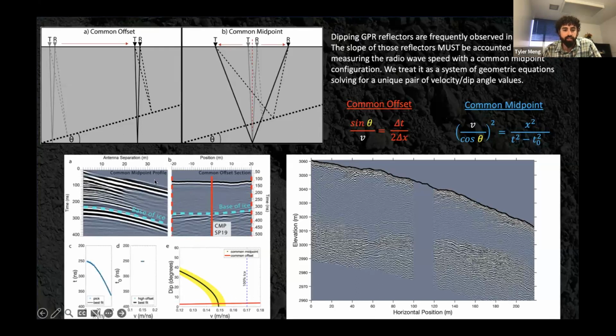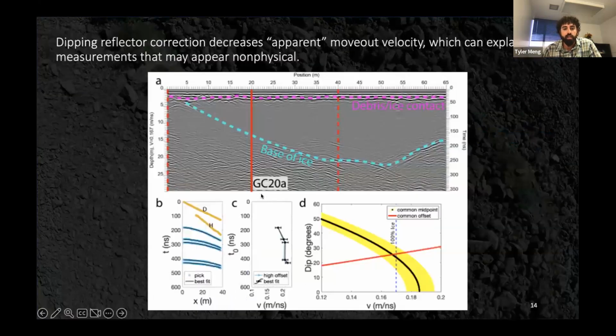So here's an example from Sourdough, where the base is relatively flat. There's only about a 3-degree dip of that reflector. And then if we move to this Galena Creek example, this shows what happens when you need to make that dipping reflector correction, because initially, if you don't account for that dip, then the velocity is above 0.18 meters per nanosecond, while we know that the highest value that we expect from compacted ice, and not snow or anything like that, shouldn't go above about 0.17.